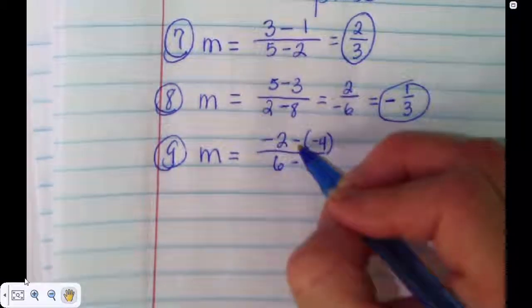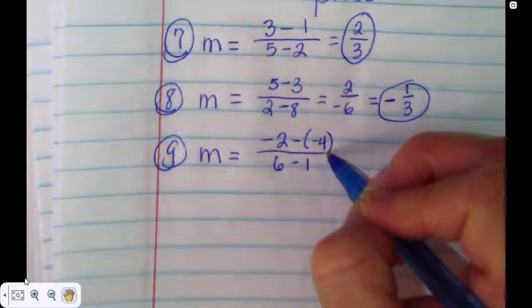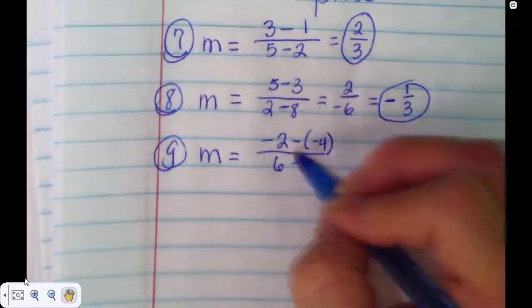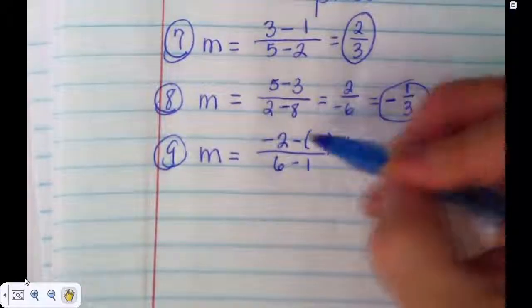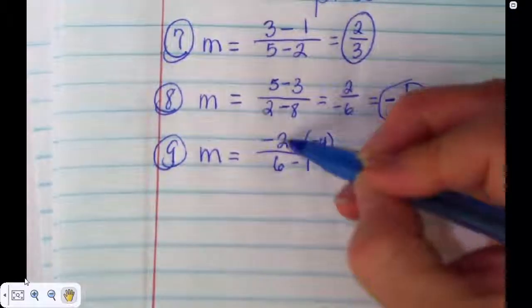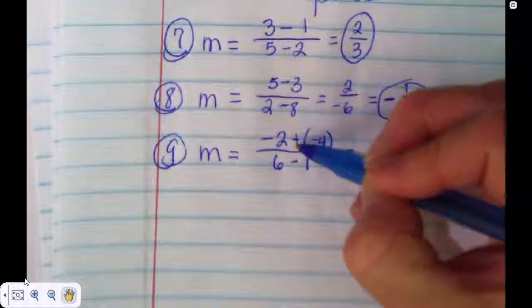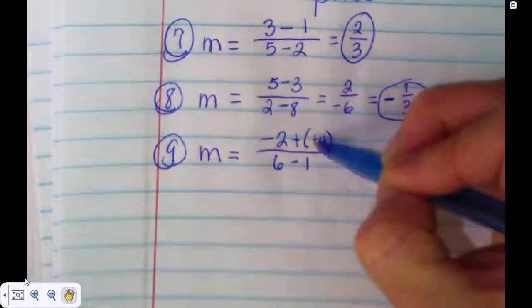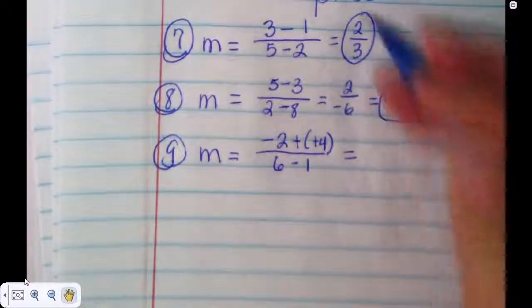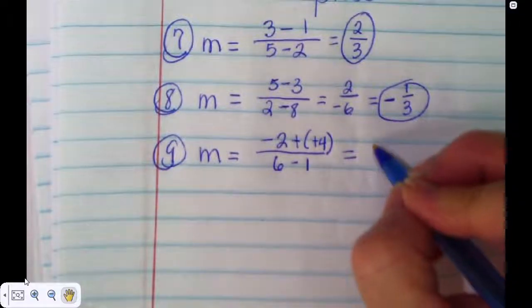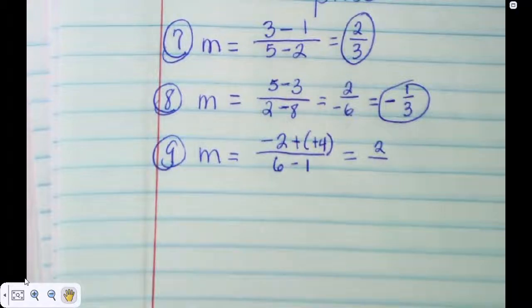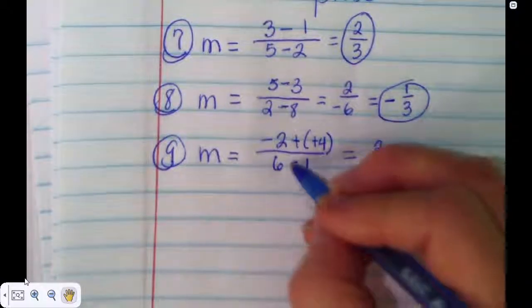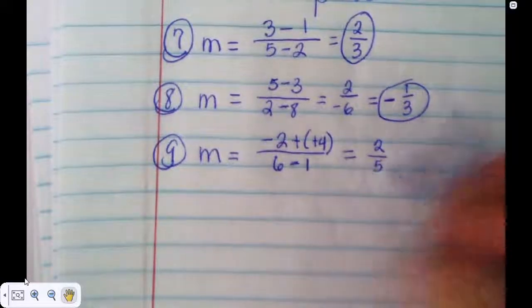Negative 2 minus a negative 4, because you got to subtract the two numbers. Now, we can do keep, change, change the sign. Keep, change to addition, change the sign. So what's negative 2 plus 4? Isn't it 2? Okay, and then 6 minus 1? Good, 2/5.